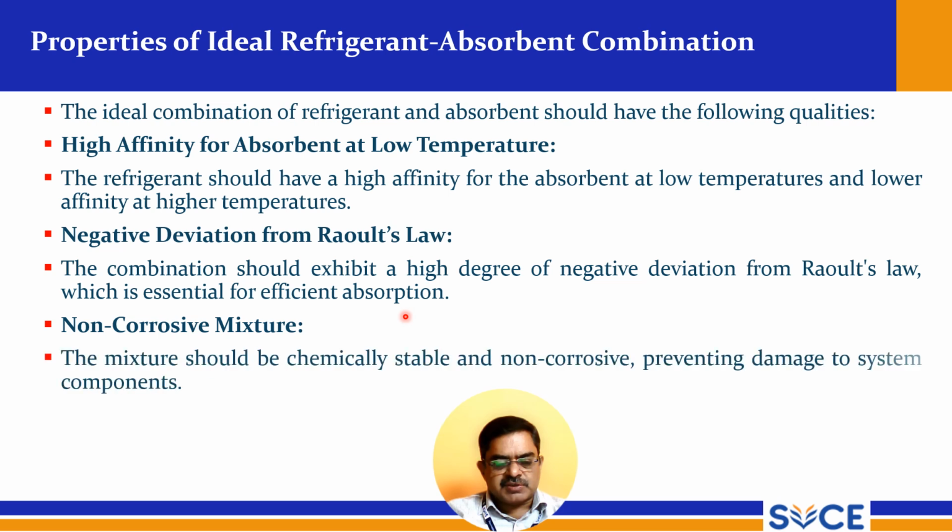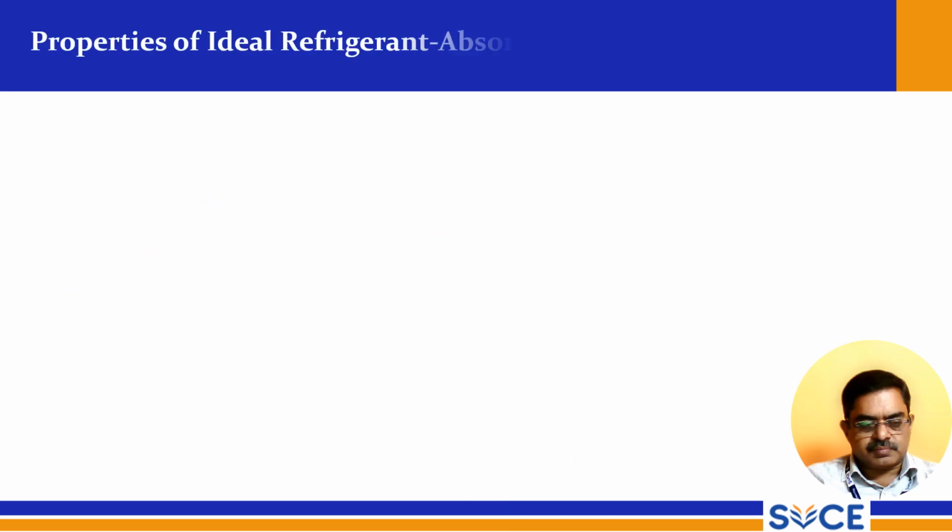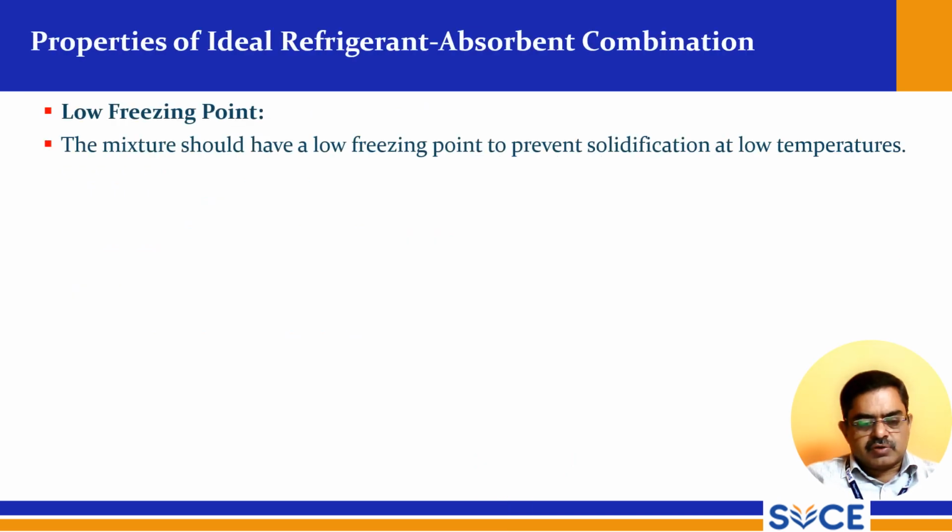Non-corrosive mixture: the mixture should be chemically stable and non-corrosive, preventing damage to system components. So this is another essential property. Low freezing point: the mixture should have a low freezing point to prevent solidification at low temperatures.